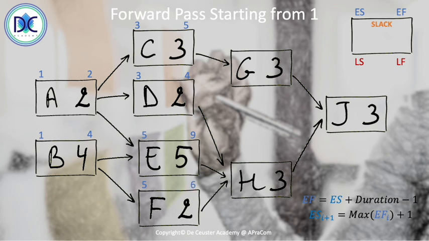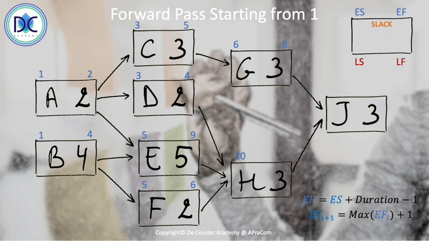For G, we have the early finish of C plus 1, which is 6. 6 plus 3 minus 1 is 8. For H, we have to select again the highest early finish of the predecessors, which in this case is the predecessor E. So we take here 9 plus 1 is 10. So the early start of activity H is 10.